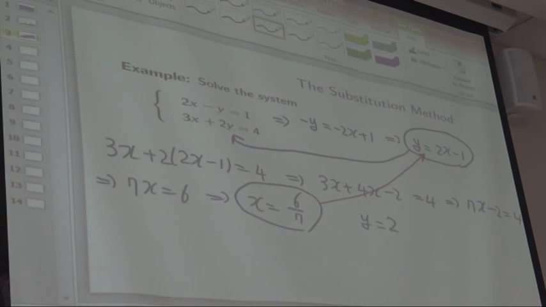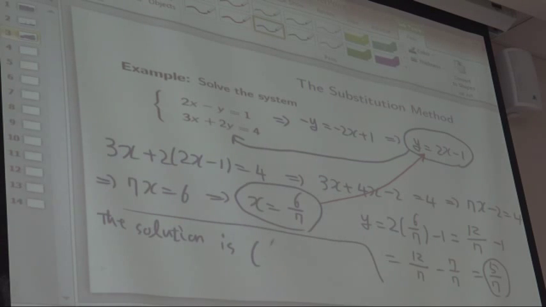The y value is 2 times x minus 1, which is 12 over 7 minus 1, which is 12 over 7 minus 7 over 7, which is 5 over 7. So the solution is 6 over 7, 5 over 7. And that is the solution of this system.